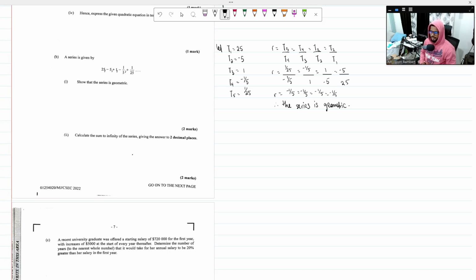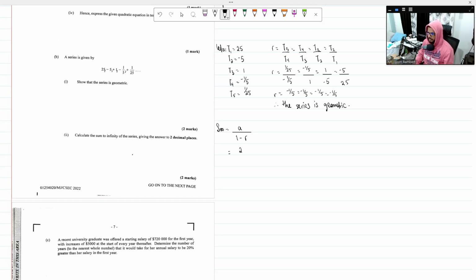Calculate the sum to infinity of the series, giving an answer to two decimal places. The sum to infinity is a over 1 minus r. In this case, r is -1/5, which is equal to, I will just let a be equal to t1, so I change my let above a little bit.